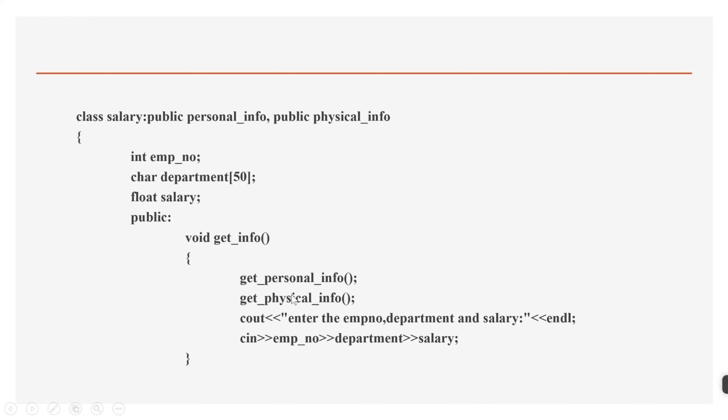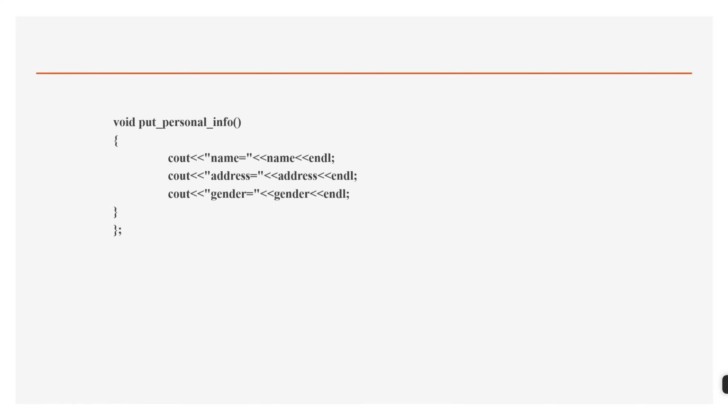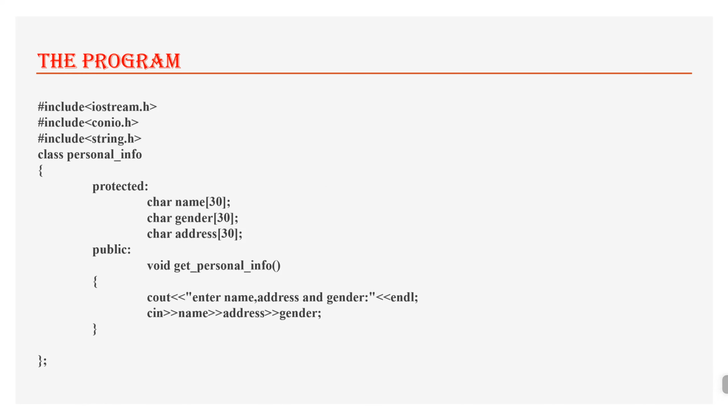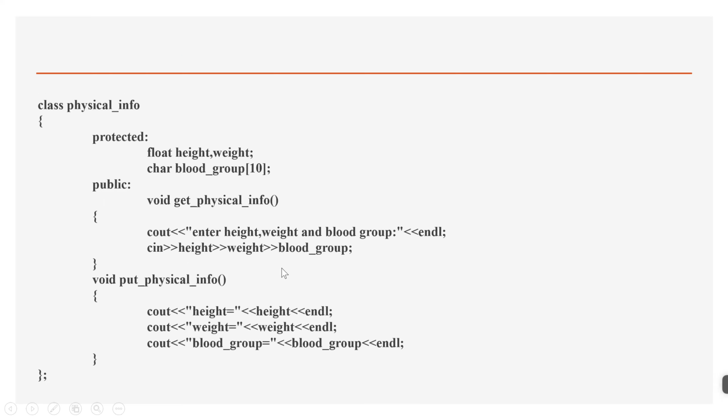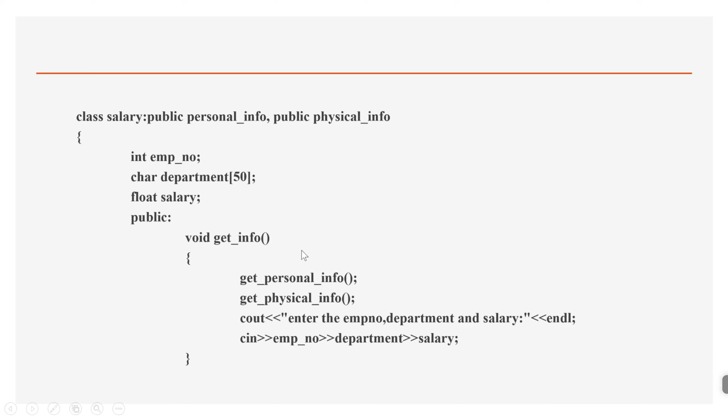Get personal info. This is a function which is defined here in the personal info class. This is the inheritance property.